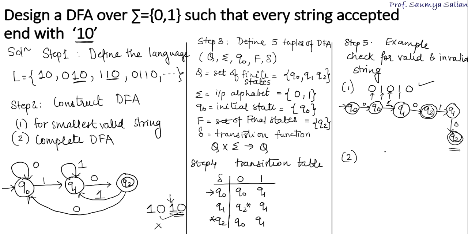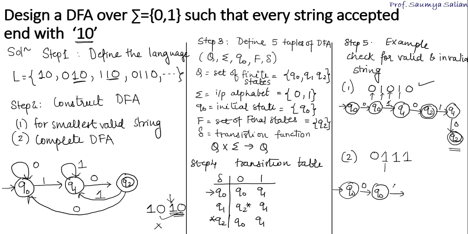Next, we'll check for an invalid string. Let's suppose this is my string, 0 1 1 1. So let's start. At Q0, if I get a 0, I am in state Q0 itself. Next input 1.